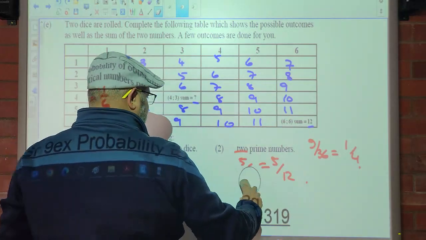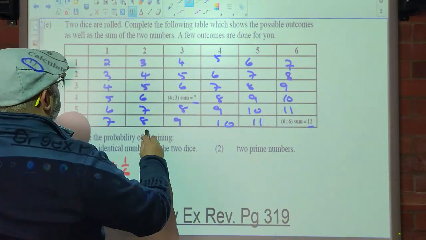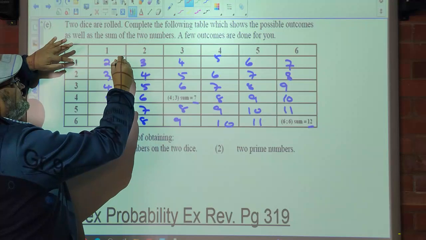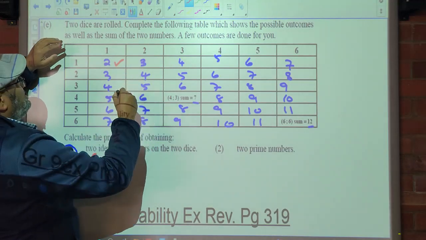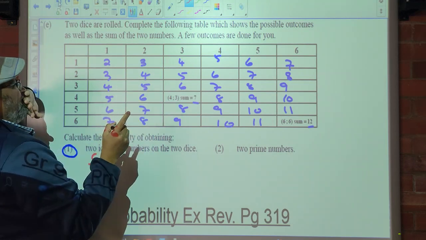So we must go again. So the prime numbers is 1 and 1, no, not 1. It's going to be 2 and 1. No, both must be prime.